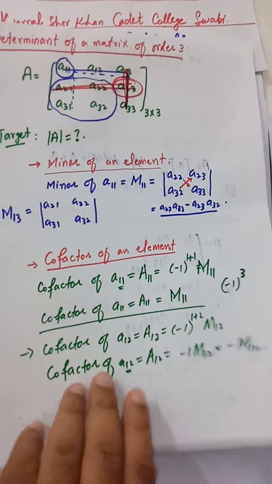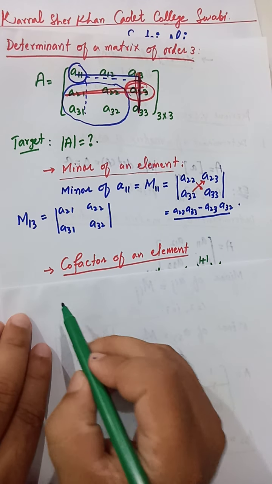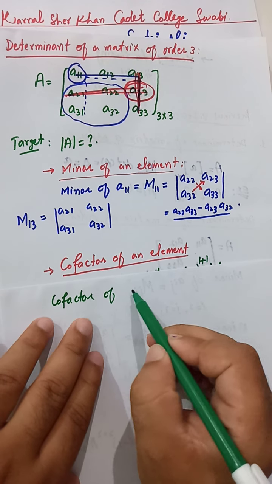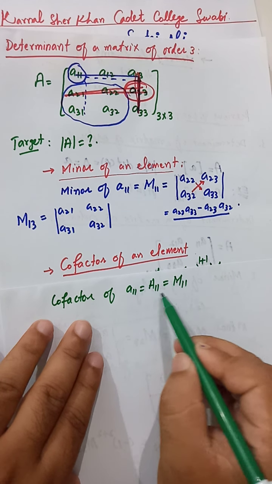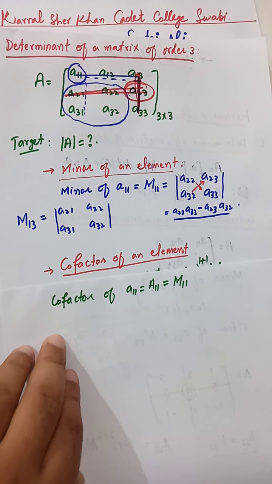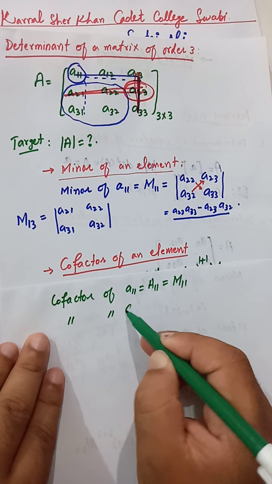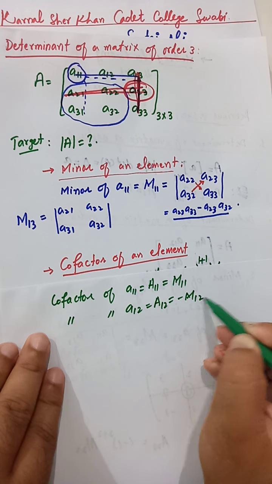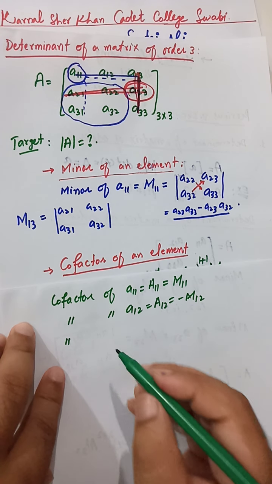So this is the cofactor and the minor. Remember, the cofactor of A11, denoted by capital A11, will be equal to minor M11, because 1 plus 1 gives 2, which is even, so minus 1 power 2 gives plus 1. Minus 1 power 2 means multiplying minus 1 two times. The cofactor of A12, denoted by capital A12, will be equal to minus M12, because minus 1 power 1 plus 2, minus 1 power 3, is equal to minus 1.